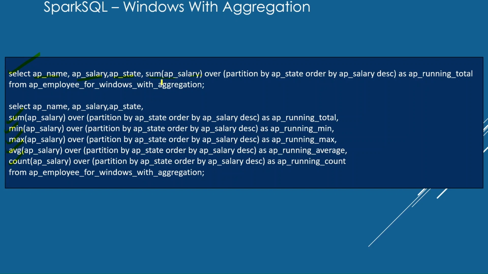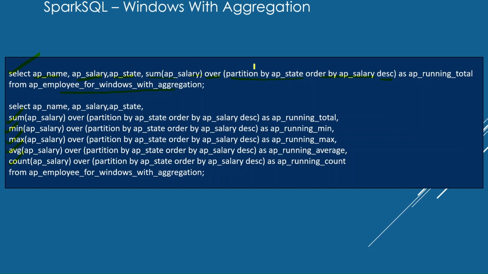On which column are we performing the aggregate function? On the column AP salary. And we are creating a window with the help of over clause, partitioning by AP state and ordering by AP salary in descending order. We are giving the alias running total, and we are doing this query on this table. So what is it going to do?